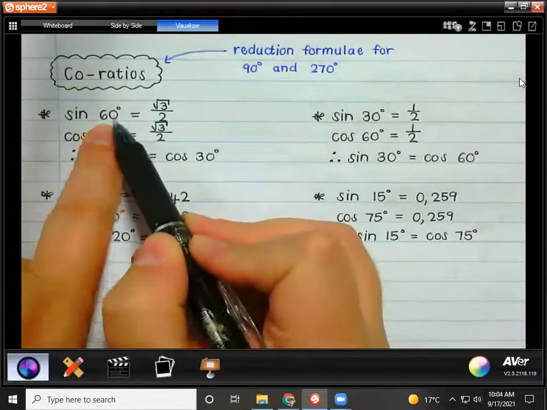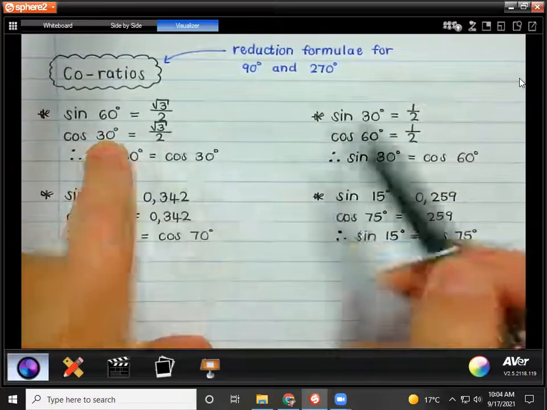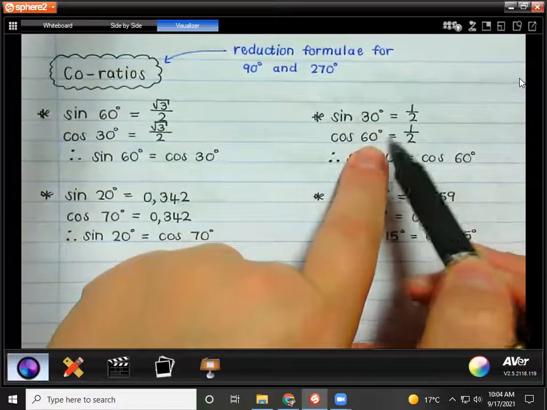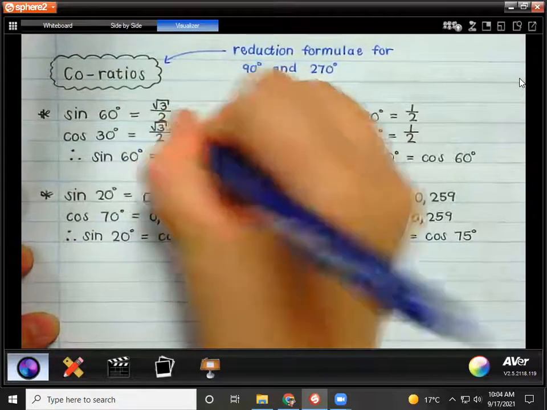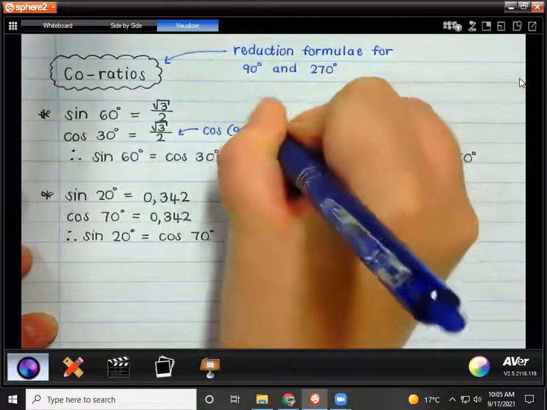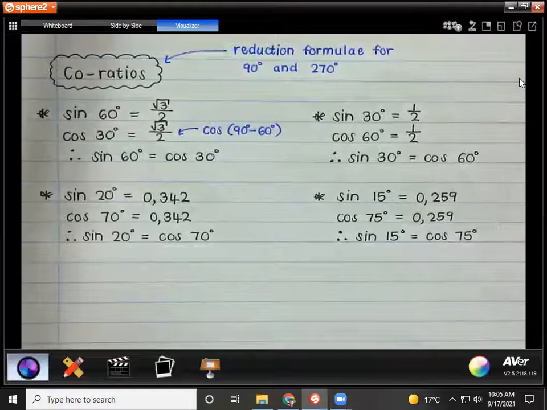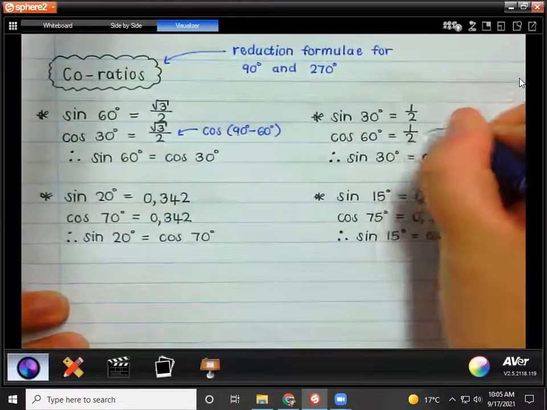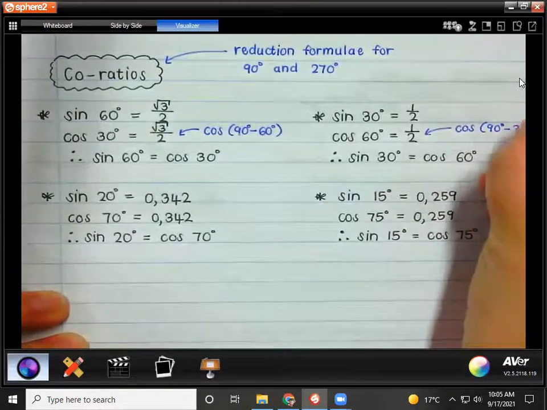Sine of 60 is equal to cos of 90 minus 60. Yes? Sine of 30 is equal to cos of 90 minus 30. Let's write that in, that's useful. This is cos of 90 minus 60. Sine of 30 is equal to cos of 90 minus 30.